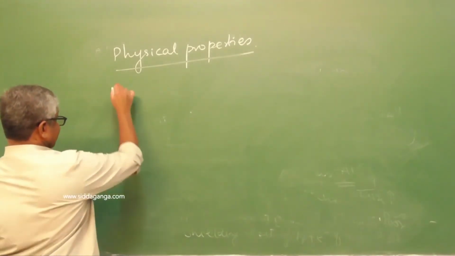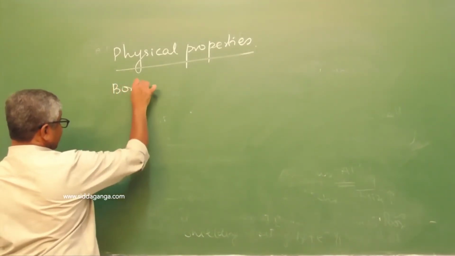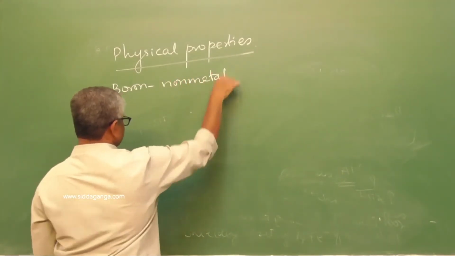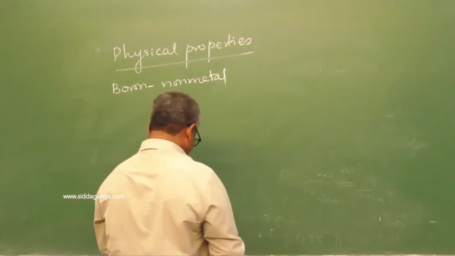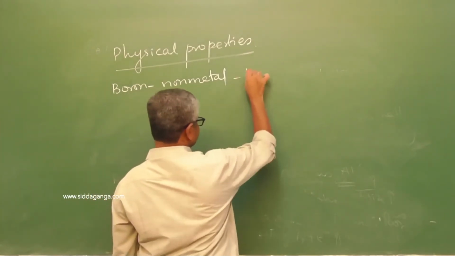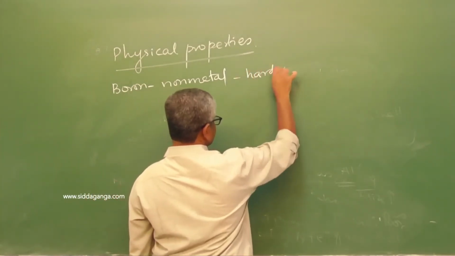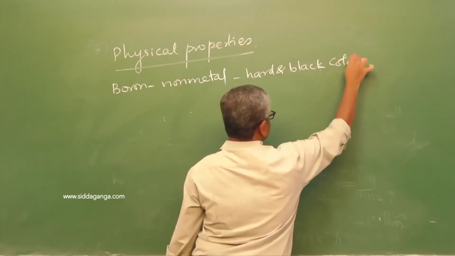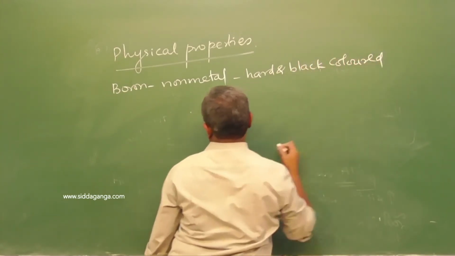Boron is a non-metal and it is a hard, black colored solid.